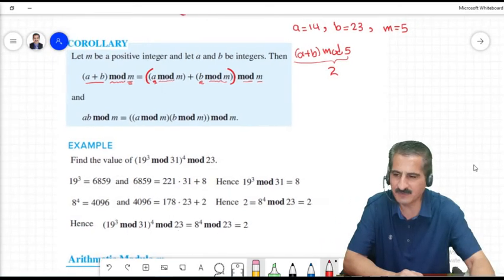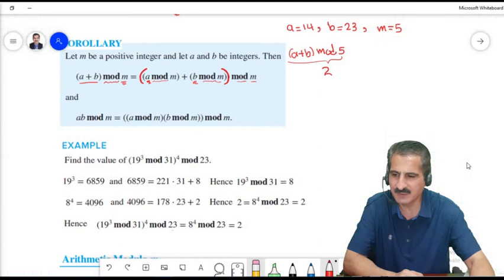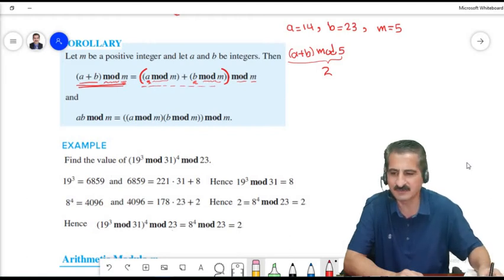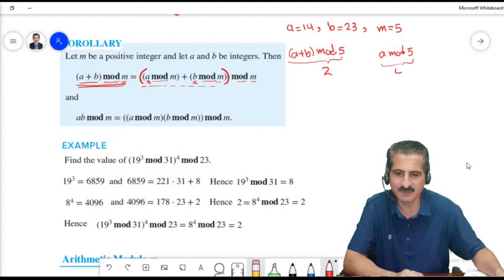So what we have done here is compute the left side of the equation. Now let's go to this side here. First, I will take a modulo 5, which means the remainder of dividing a by 5. But a is 14, so the remainder is 4.